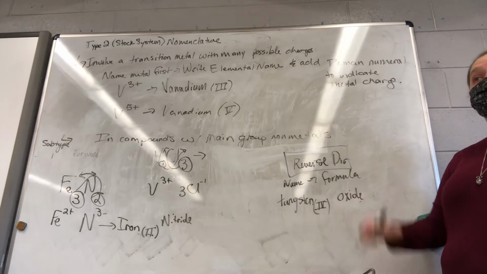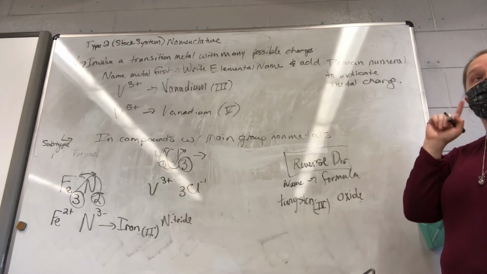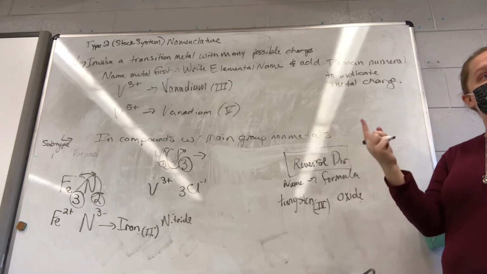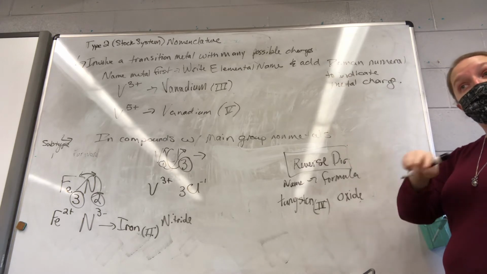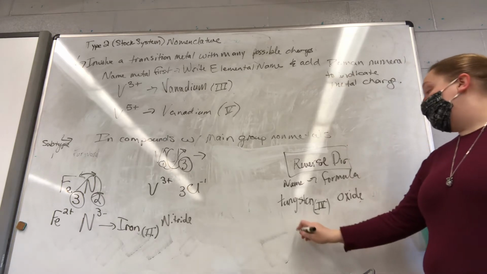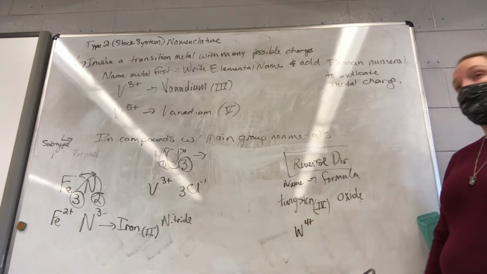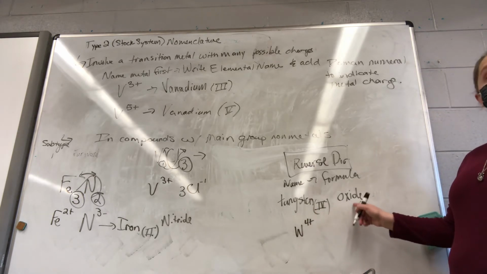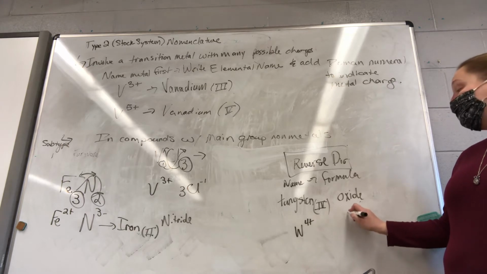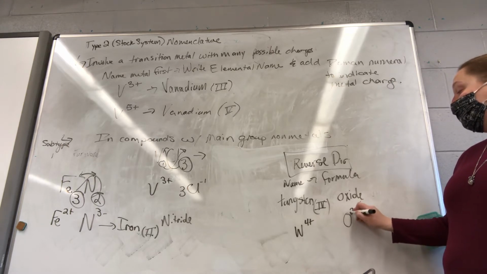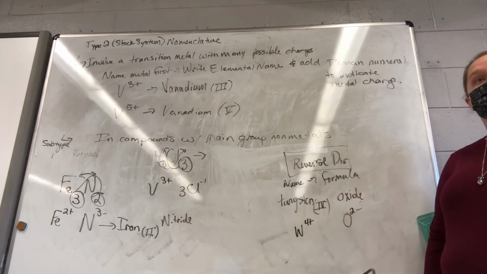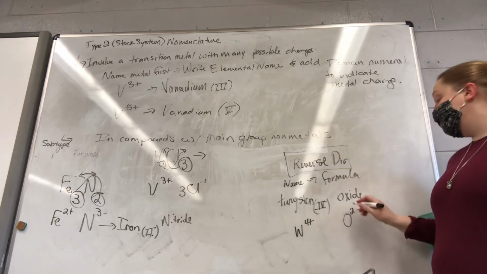Okay, so we're going to start with what we know. We're going to write out our 2 atoms just like we did yesterday. We're going to do the cross method to figure out what our formula should be. So W is tungsten. We know it's a 4 plus. Oxygen is oxide, right? What is oxygen's typical charge? -2. Then we're going to cross them.